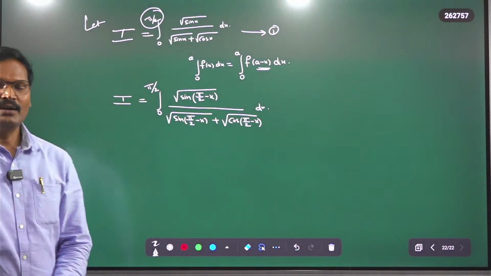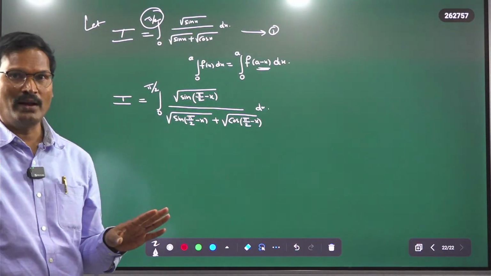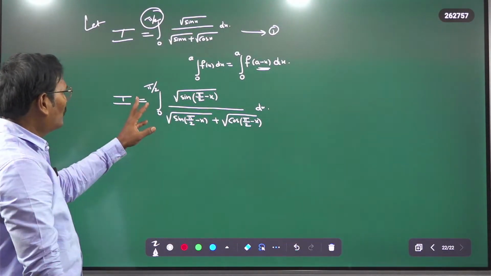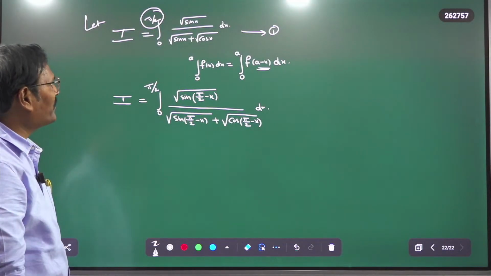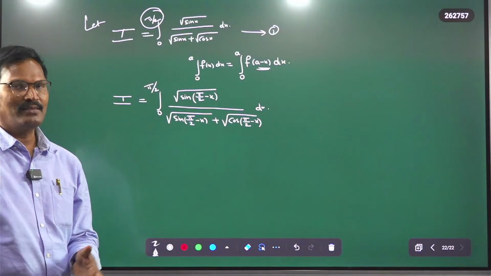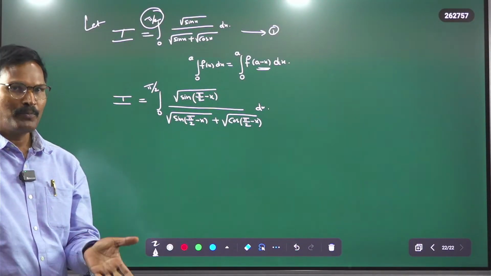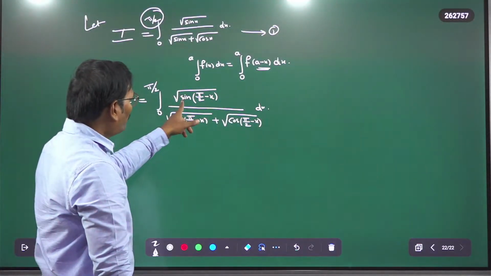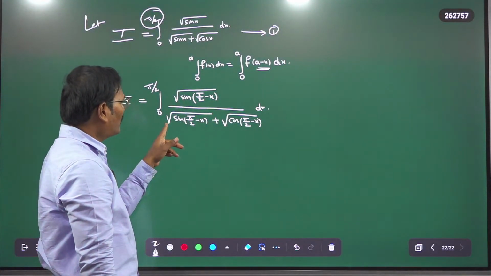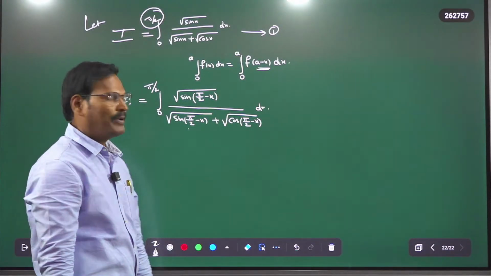So I am considering the given problem as I, and that is equation 1. So I applied King's rule, that is integral 0 to a f of x dx is equal to integral 0 to a f of a minus x. Here in place of a we have pi by 2, no? So I have substituted pi by 2.